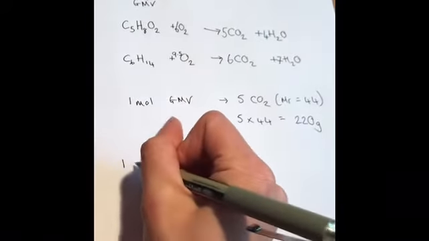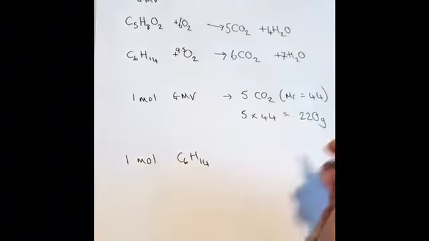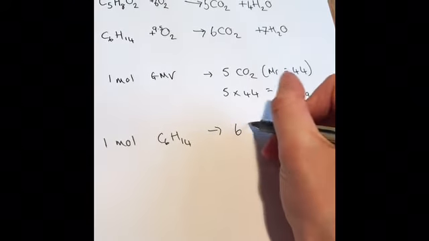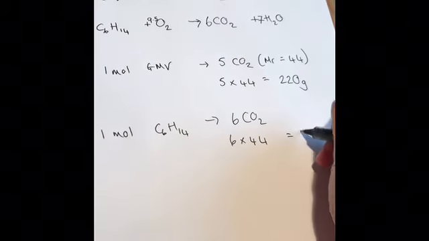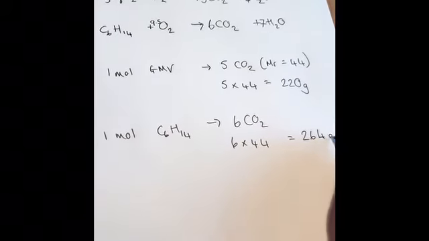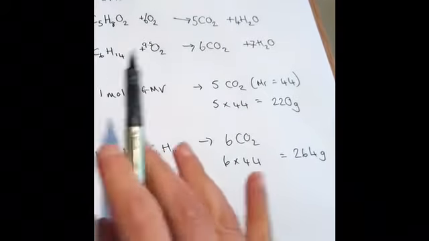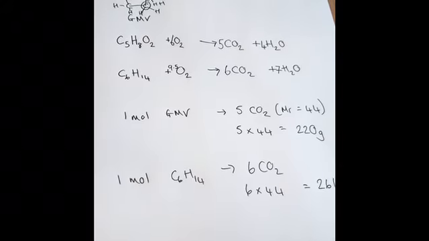If we start with 1 mole of hexane, C6H14, we make 6 moles of carbon dioxide. So we're going to get 6 times 44, which is 264 grams. Okay, now that's if we have 1 mole of each, but the question isn't asking us that.